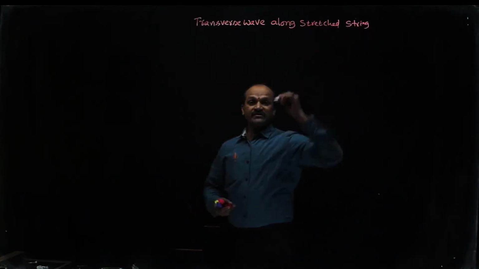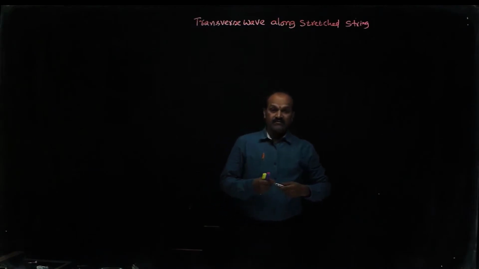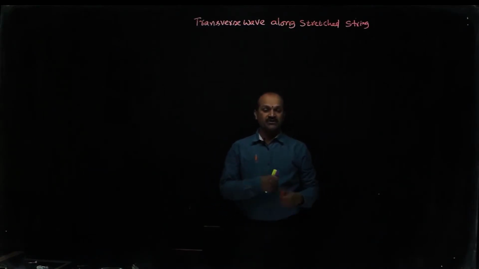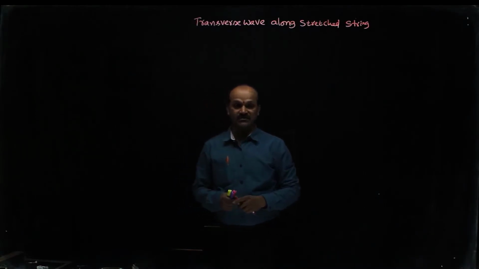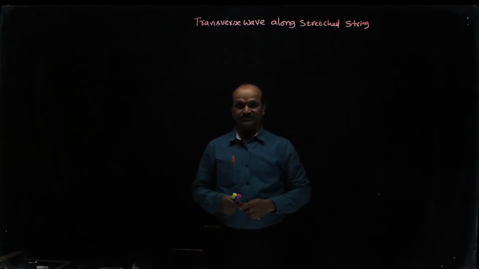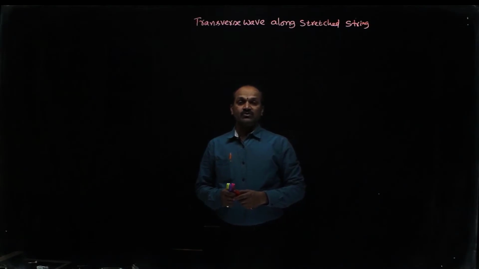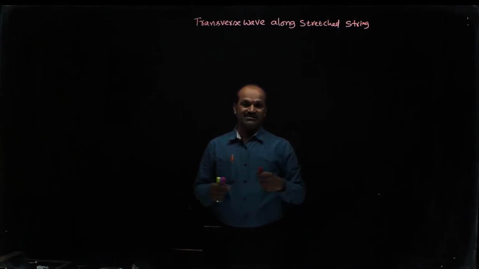So, here we take a string, a flexible string, and compared to its length, the diameter of the string is very small, like an ideal string. In this case, we'll see about the transverse wave.